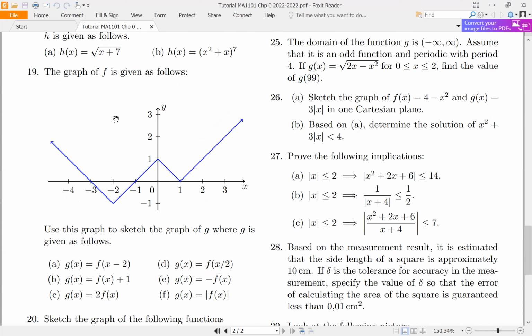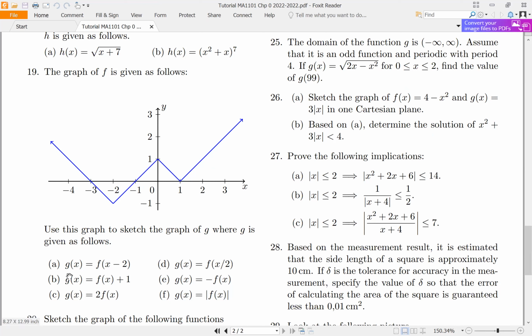if you are given the graph of the function like this, for example, this is the graph of the function f. Then if you are given a function g defined by g of x equals f evaluated at x minus 2, the idea is just to translate the graph of f 2 units to the right, to the positive x-axis.